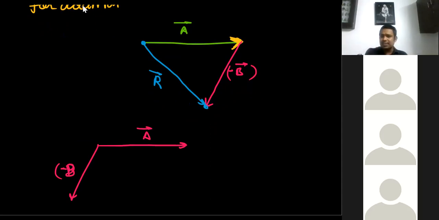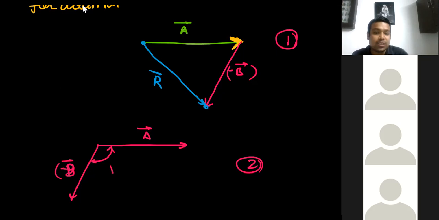Without changing the direction, the direction of vector A is along the x-axis, horizontally. So from the first figure and the second figure, the direction of vector A does not change. But in this case, the angle between vector A and minus vector B is 180 minus theta.